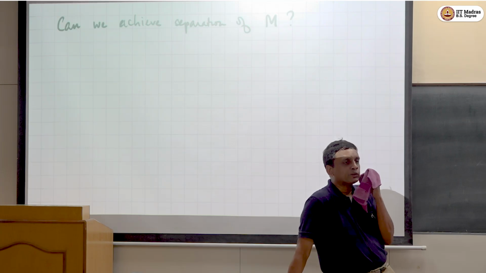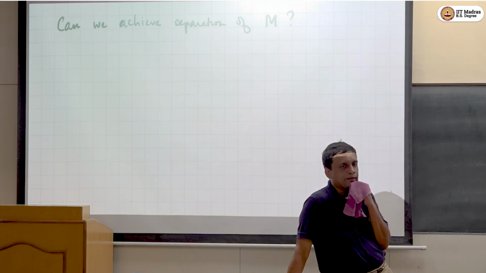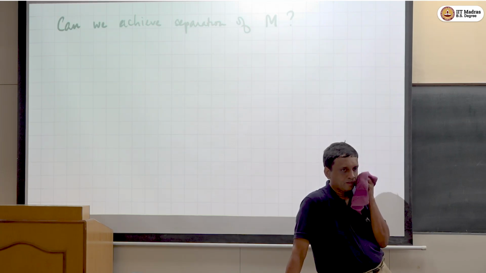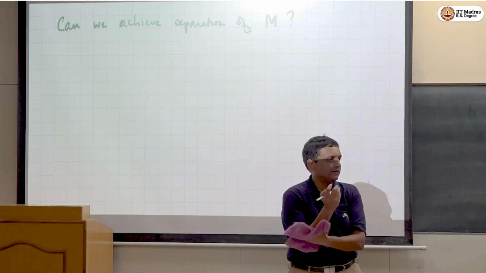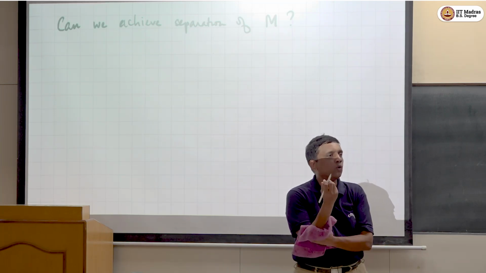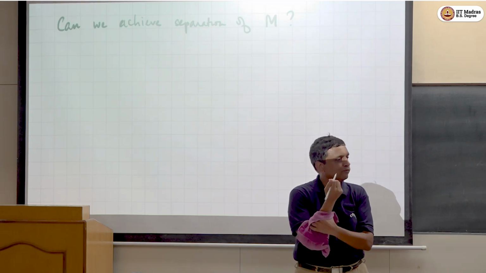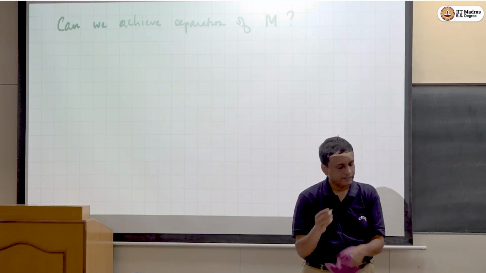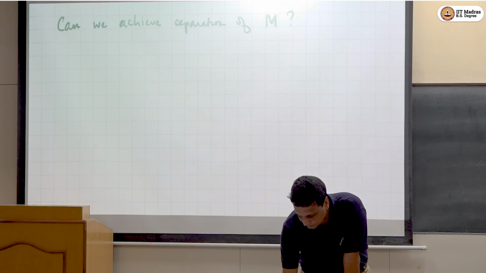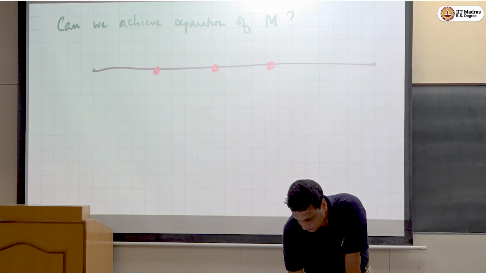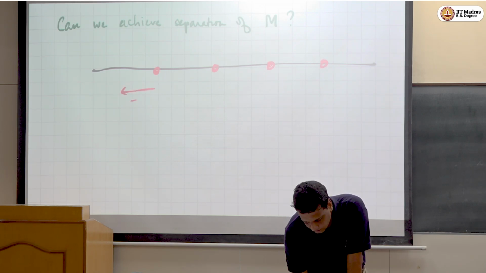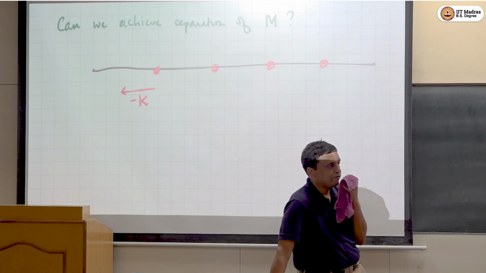My goal is to make sure that they are separated by at least capital M stations. Okay. Now, as we said, there is no reason not to move the leftmost guy as far left as possible. Right? So you have some current positions. Right? So you move this guy to the left by minus K.